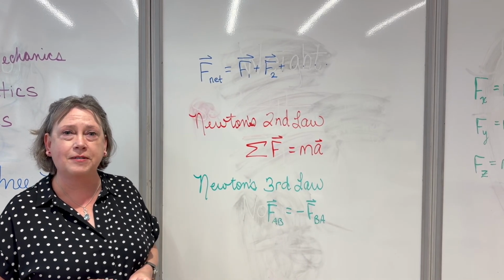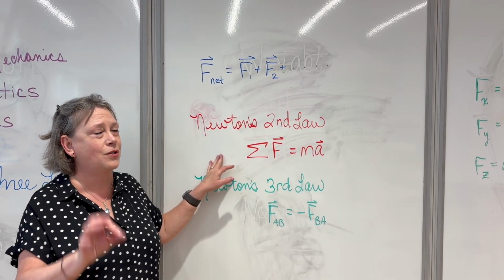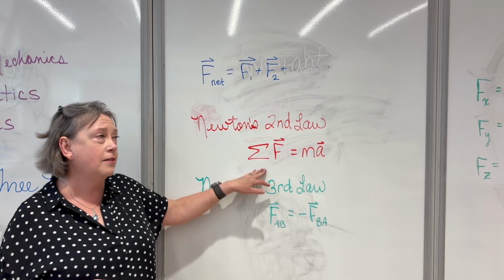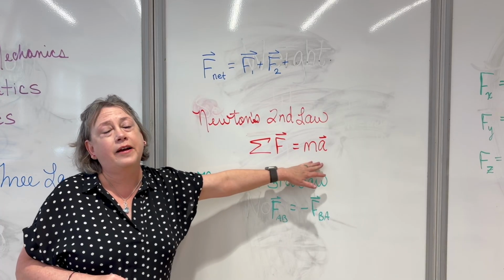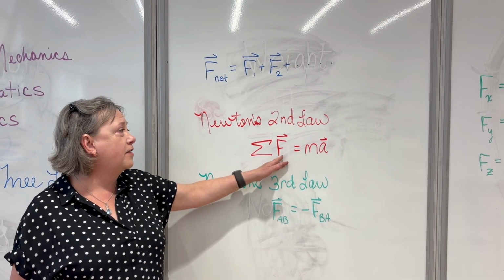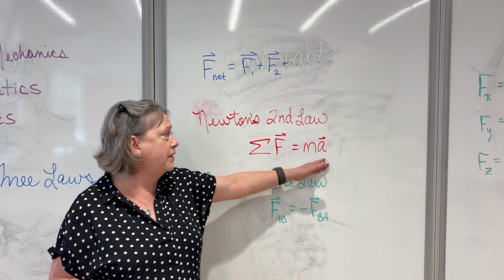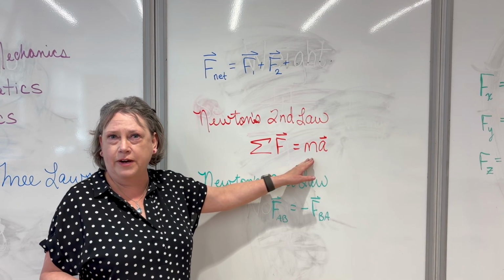forces on the object. The second law, which we are going to use so much, says that the sum of the forces, and we're going to sum them like that, has to equal the mass times the acceleration. And I want to point out that this is a vector and this is a vector, the acceleration. Mass is a scalar. We don't talk about mass having direction.